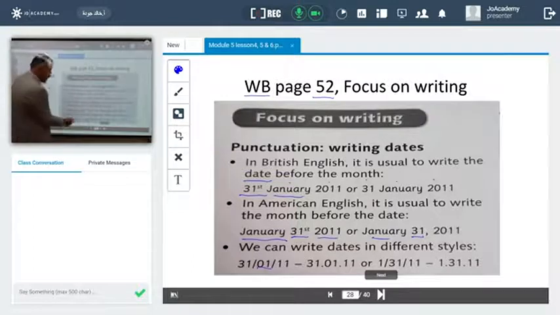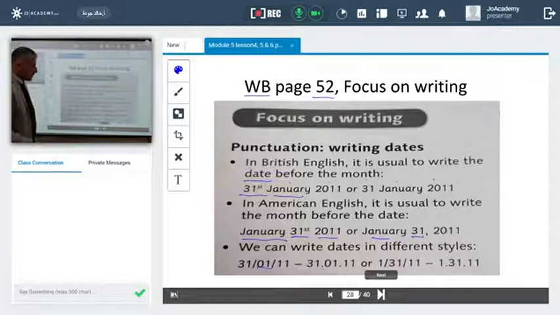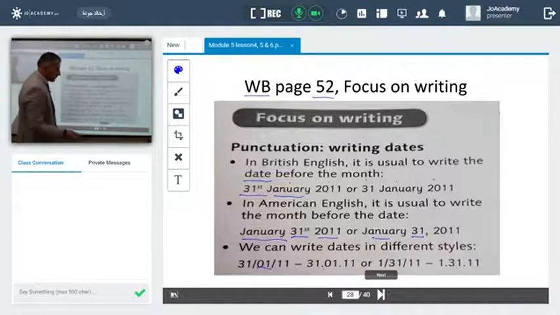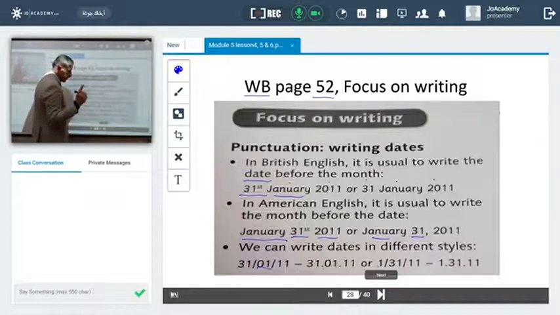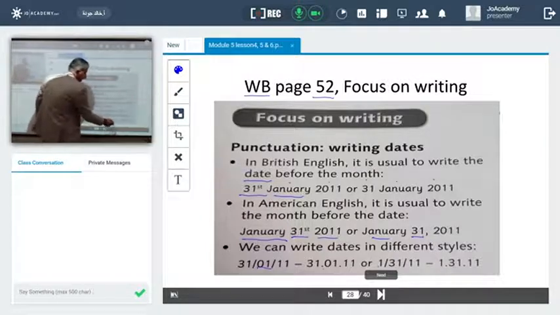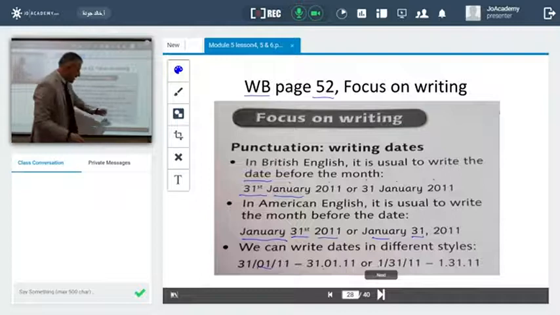So we write 1 and 11, for 2011. Or instead of slashes, they can put dots: 31.01.11. Americans put January as number 1, then 31, then 11, so 1/31/11, but here they put slashes, here they put dots.